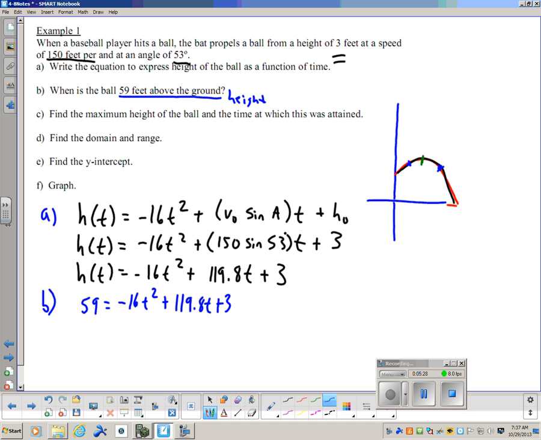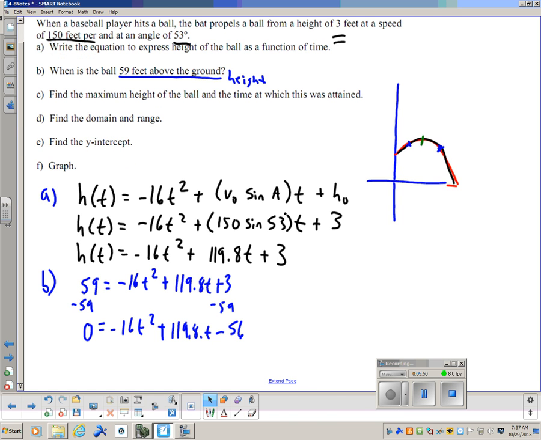Since it's a quadratic, we want to bring everything to one side. So I'm going to subtract 59 from both sides. 0 equals negative 16t squared plus 119.8t minus 56. Now I can just plug that into the quadratic formula that we've been using.